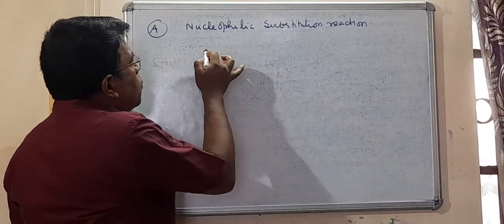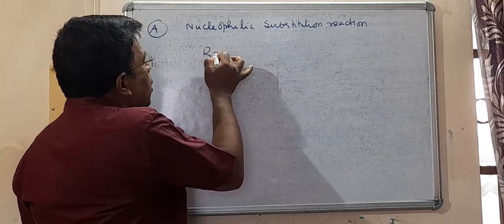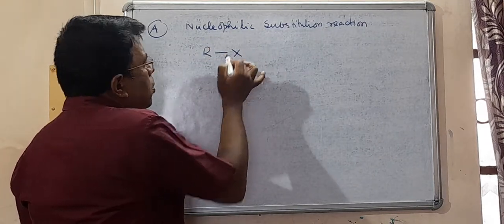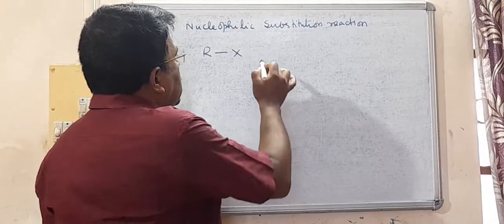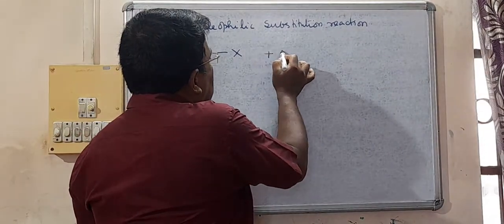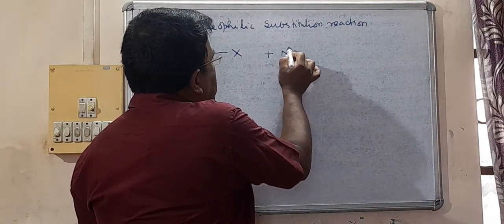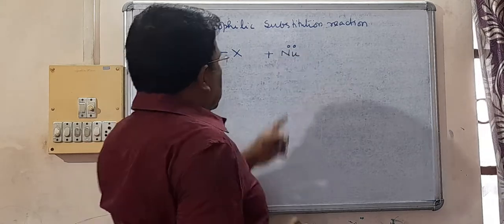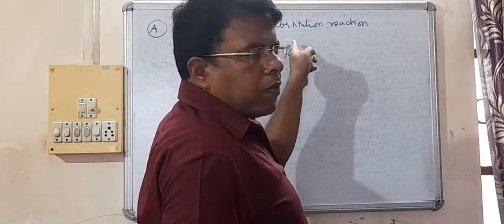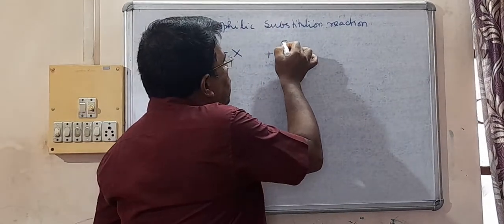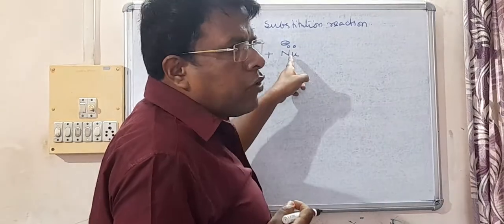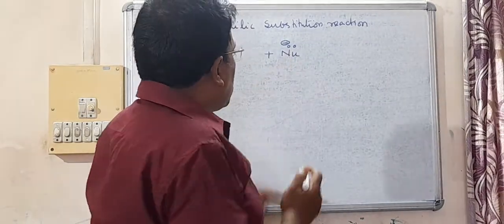So suppose we have a halo compound and say here we have a species which is rich in electron. A species which is rich in electron is called a nucleophile.